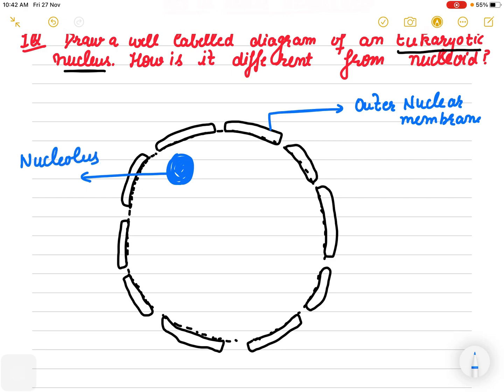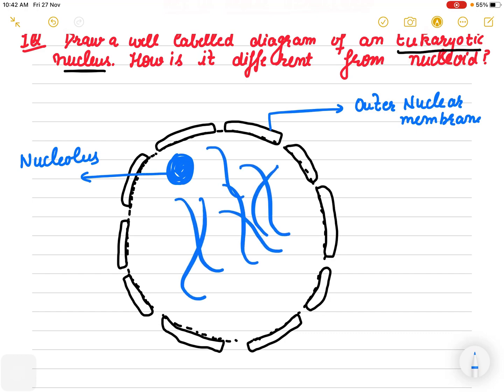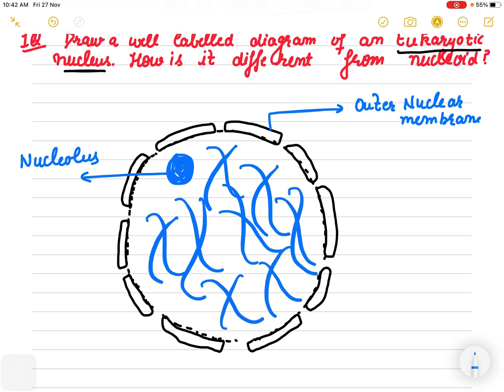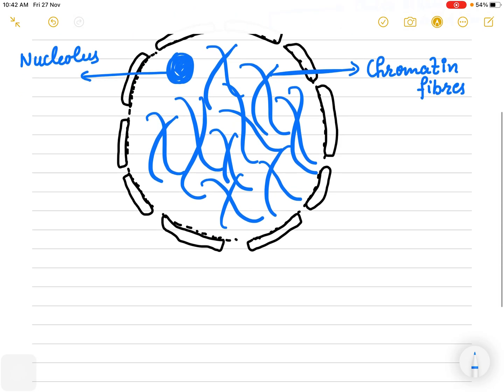Then there are these thread like structures you can observe in the nucleus, a thread like network. Till the time they are not condensed, these thread like fibers are known as chromatin fibers.